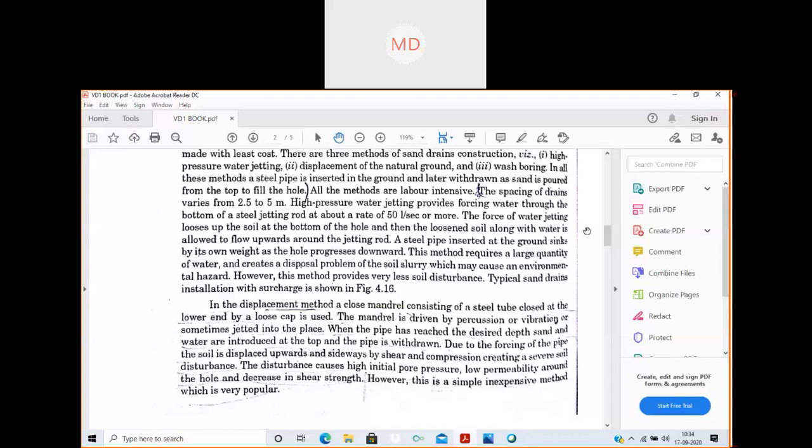If it is not graded uniformly, and suppose bigger particles are more, then it will obstruct the flow of pore water, and the water will not be squeezed out ultimately, and there will be other problems. Blockage of pore water will be there, in some portion the water table may rise and some other problems will appear. So for that we should use uniformly graded soil. If you go through these paragraphs, you will understand nicely. I have just told you the summary.